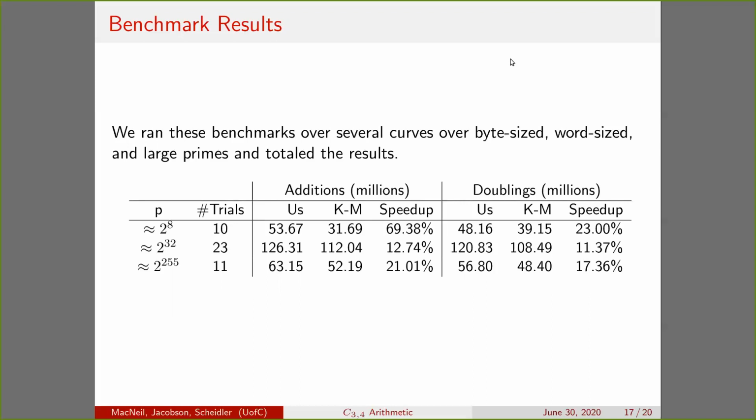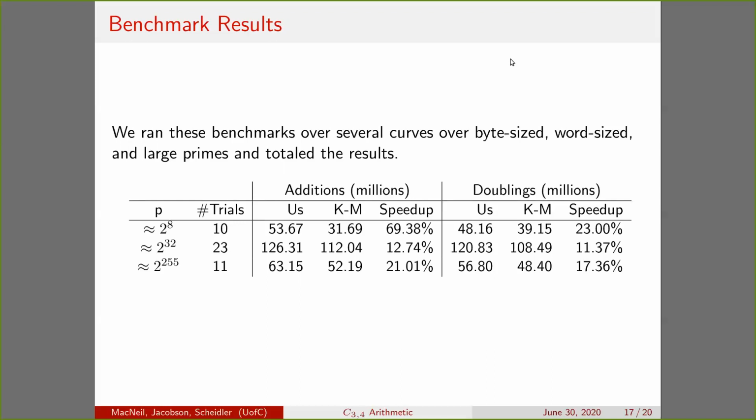And we found the most significant improvement over very small primes. And that's due to the fact that our formulas are able to handle all of the atypical cases explicitly, whereas Corey-McDeasy's algorithm needs to fall back on slower, more generic arithmetic that isn't described in his own papers.